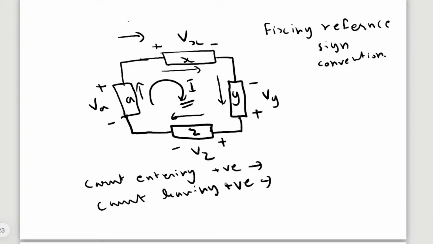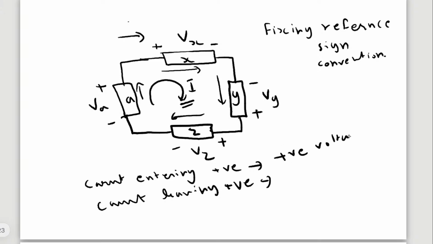Here current is entering positive. Here current is leaving the positive. So we have to take a conventional way to represent it as either positive voltage or negative voltage. I will be taking current entering positive as positive voltage.